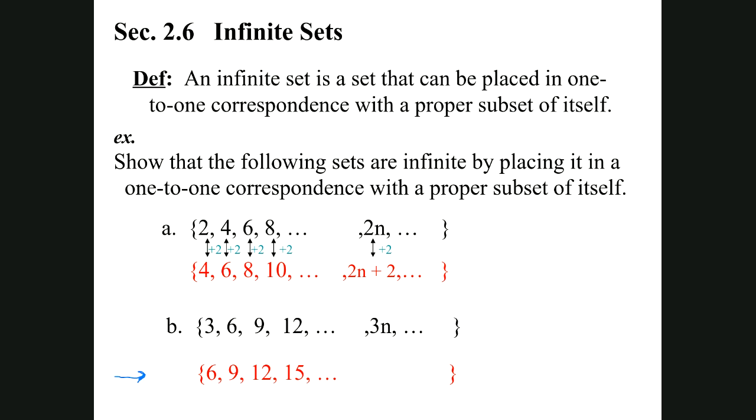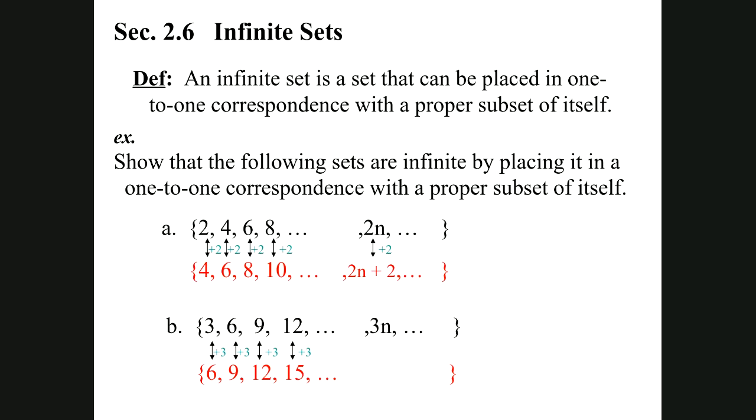And I'm creating a one-to-one correspondence. This first term 3, in order to get to 6, we add 3. The second term 6, we add 3, we get 9. The third term, we add 3, we get 12. The fourth term, 12 plus 3, we get 15.